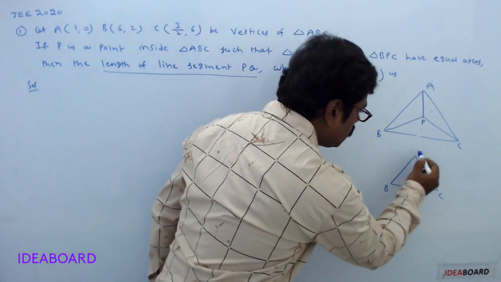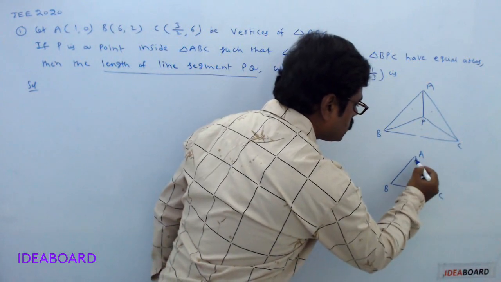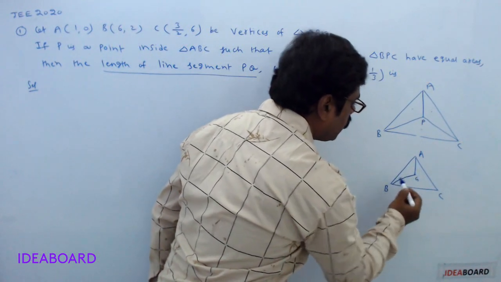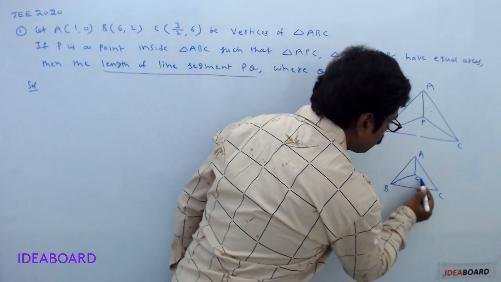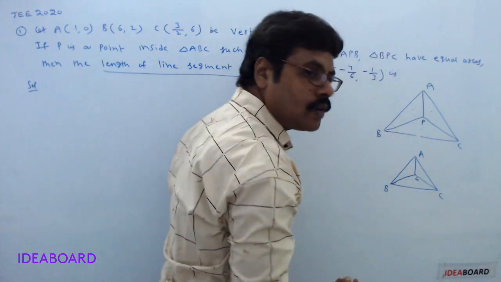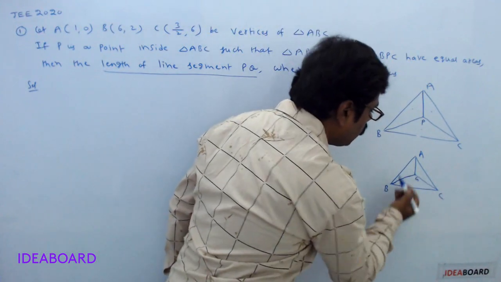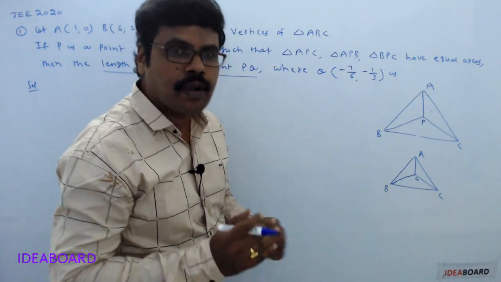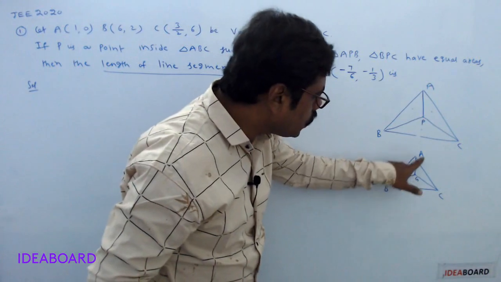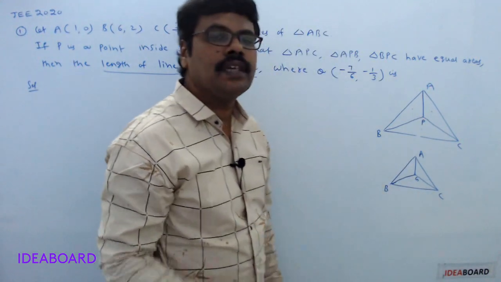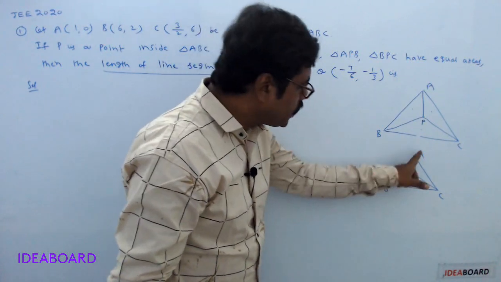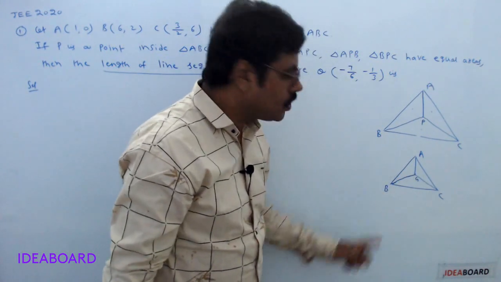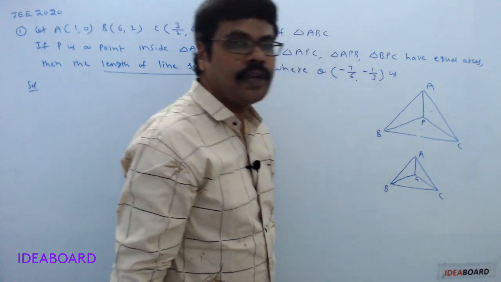Now, if G is the centroid of triangle ABC, then area of triangle AGB equals area of triangle AGC equals area of triangle BGC. What is the property? If G is the centroid of triangle ABC, then area of triangle AGB equals area of triangle AGC equals area of triangle BGC.